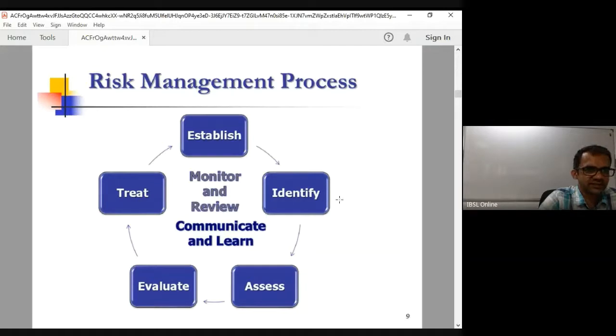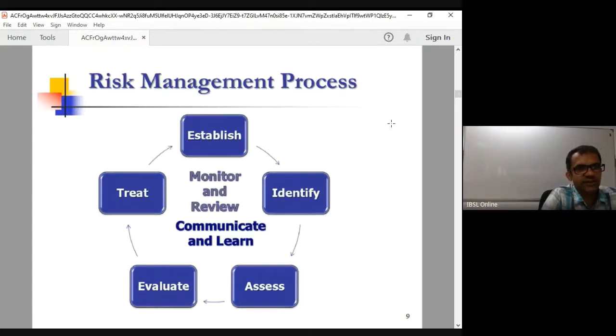Then identify. This is the process of identifying the risk. We have established what our business is and what our objective is. Then the next step is to identify the risks that may have impact on our objectives.